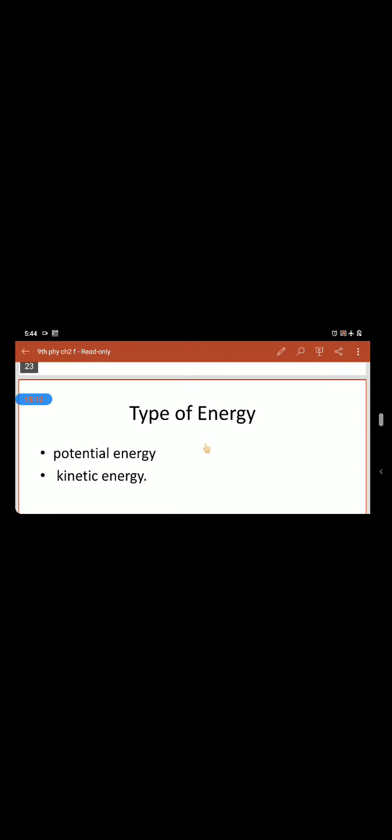When an object retains energy by virtue of its position, it is called potential energy. And when the energy is acquired by the object because of its motion, it is called kinetic energy. Always energy will transfer from potential to kinetic energy and from kinetic energy to potential energy.